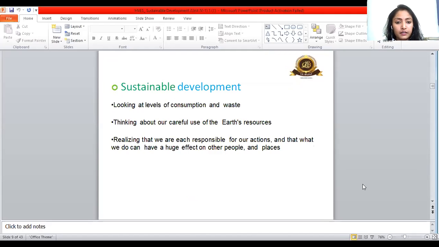Next, among the few other points I'll be discussing, is how exactly we are going to talk about sustainable development by looking at the level of consumption and waste. Whenever I am consuming any resource, maybe it is water, food, any mineral or any fossil fuel, I need to see whether it is required to be consumed to this extent or not.